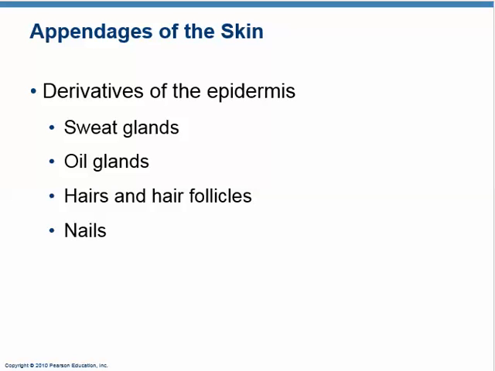Fingernails and toenails are keratinocytes with a hard version of keratin rather than the softer version found in hairs and the rest of the skin. I'm not going to go into any detail on any of these things, just realize that they are derivatives of the epidermis. They're epithelial in nature.